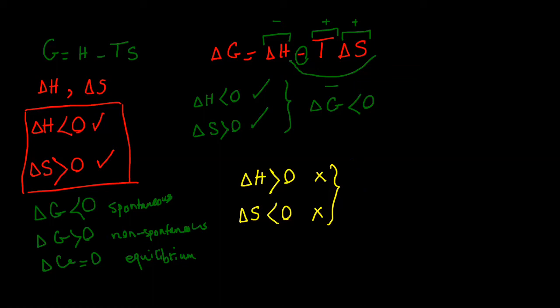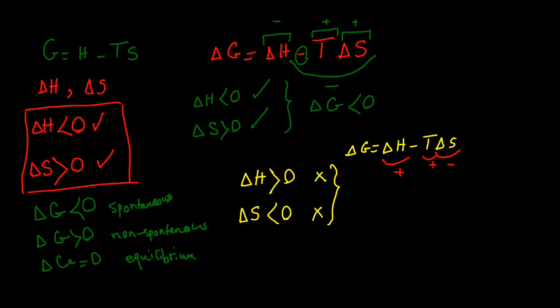But let's look at delta G. So delta G of this system should be larger than 0. Let's see if it is. So I write the formula: delta G equals delta H minus T delta S. As you can see, delta H is larger than 0, so it's positive. Delta S is negative. T is positive.